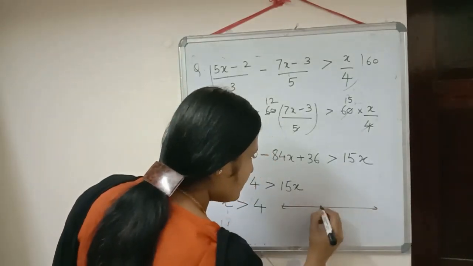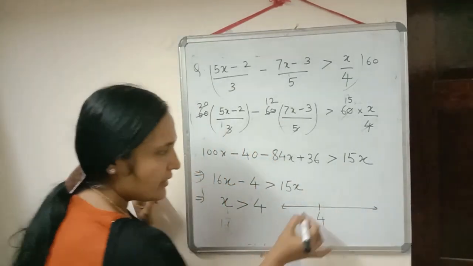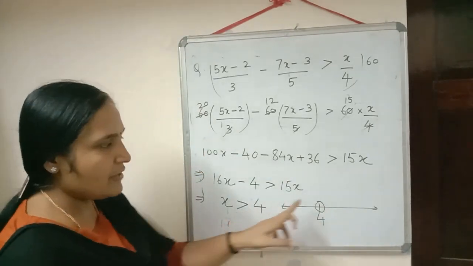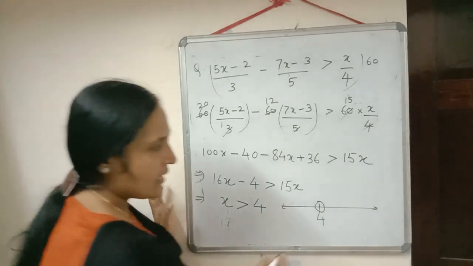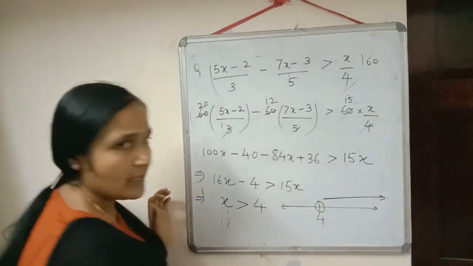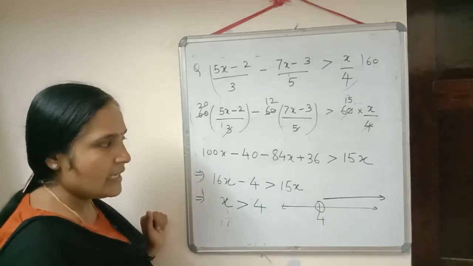Now first we have to draw the number line. We have 4, draw a circle there, the equal to sign is not there, so we don't have to darken the circle. And greater than 4 means we are moving to the positive side of the number line.